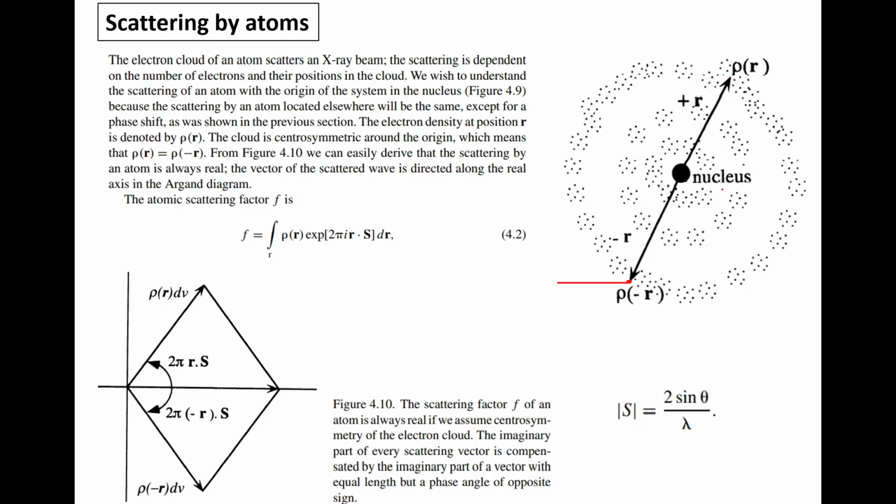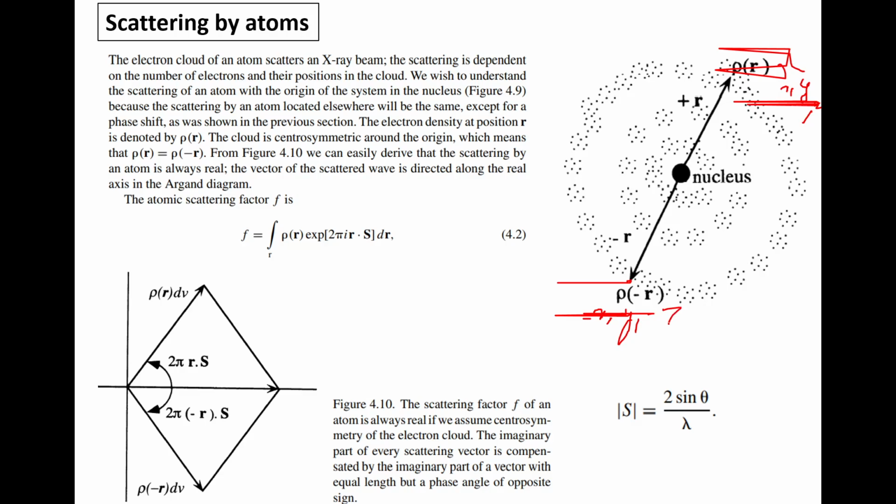The inversion center means if the coordinate here is x, y, z, then here it will be minus x, minus y, and minus z.